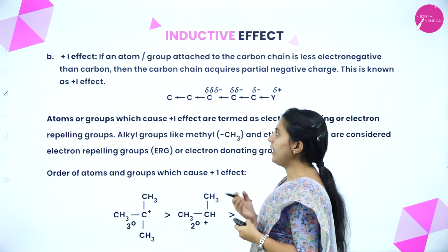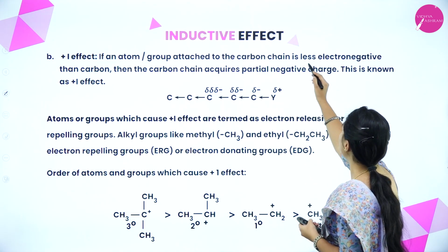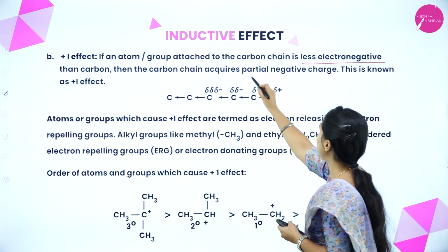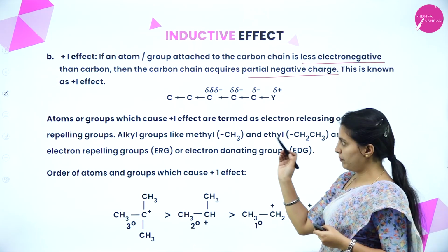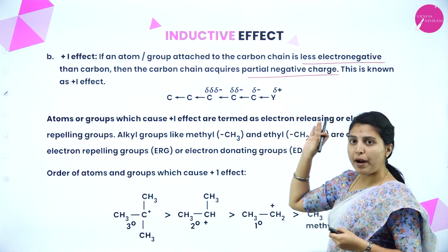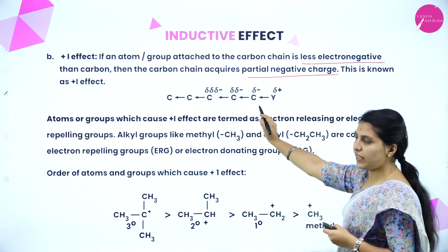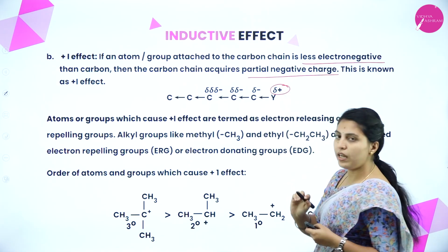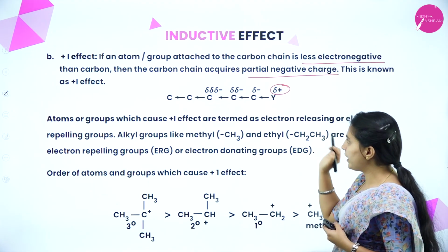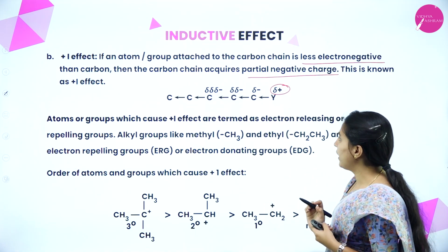Next is plus I effect. If an atom or group attached to the carbon chain is less electronegative than carbon, then the carbon chain acquires a partial negative charge. This is known as plus I effect. Here, whatever the atom or group attached to the carbon, it will be less electronegative than carbon, so the carbon will acquire a partial negative charge.